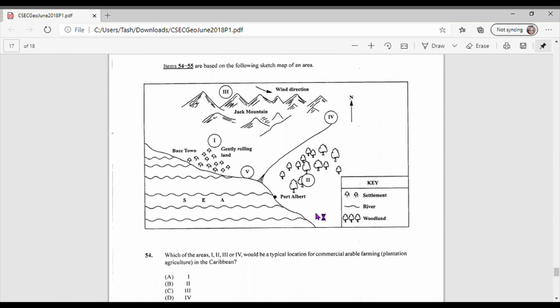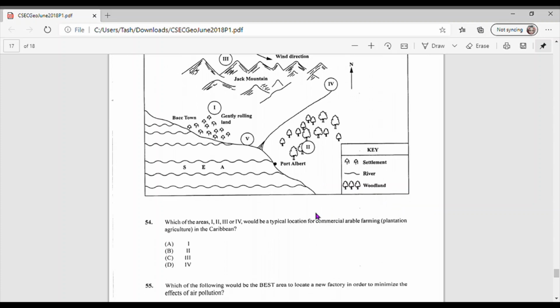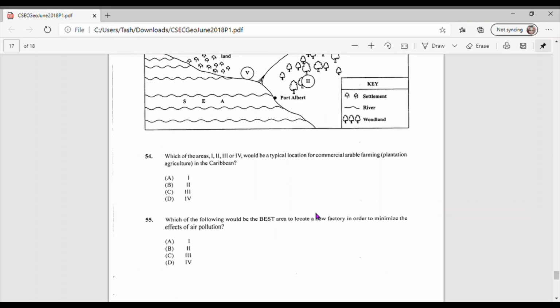In essence, we could look at this in several other ways of where we would want to put a factory, in terms of means of communication or access to transportation or proximity to the material that is going to be used in the factory. But the specific question asked for the best area to locate a new factory to minimize the effects of air pollution.